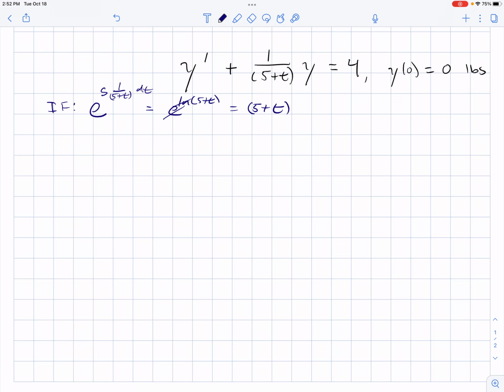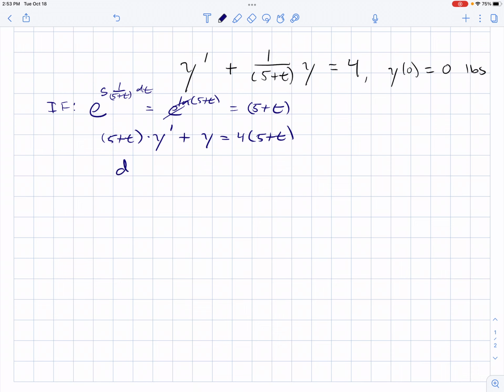Again, if you remember integrating factors, you multiply that integrating factor to the whole equation, giving us, when you multiply 5 plus t to this, they cancel out, so you're just left with y there, and that's equal to 4 times 5 plus t, which I probably should have just distributed.